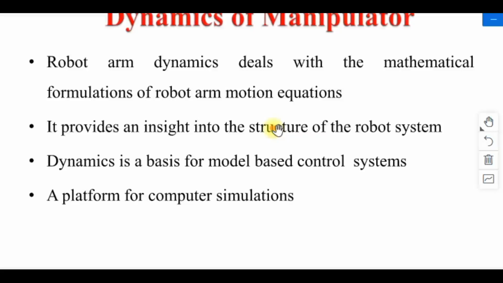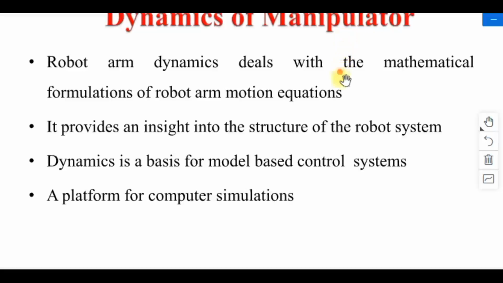In all cases, we do not consider the structure except the link structure, but in case of the dynamic system, you also go inside for the deep analysis of robot arm or manipulators.